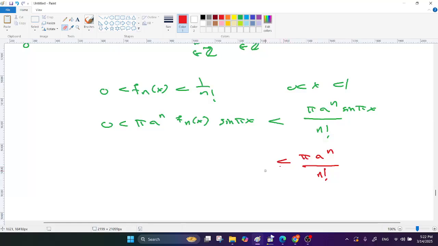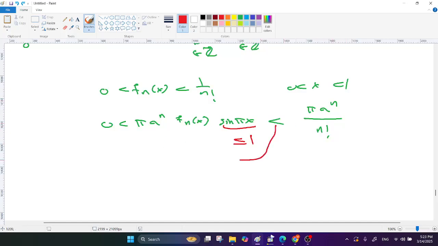I mean, what I want to say is that the highest value of sin(πx) is 1, so we can put 1 instead of sine. Sin(πx) is less than or equal to 1. So here we have 1. We don't need to write it because 1 times anything is just itself.